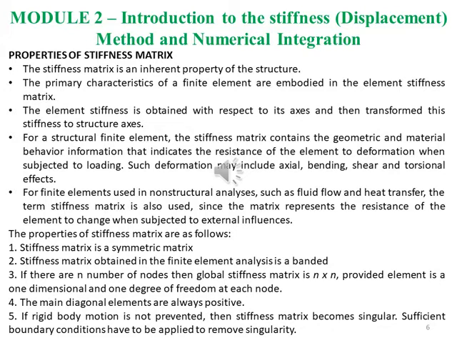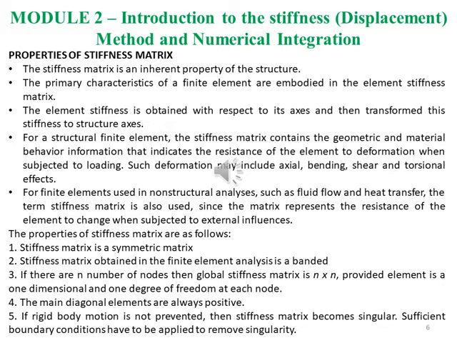The stiffness matrix obtained in finite element analysis is also a banded matrix. If there are n nodes, then the global stiffness matrix will be n by n. For example, if there are 3 nodes, then the global stiffness matrix will be 3 by 3. If there are 4 nodes, we will have a 4 by 4 matrix, provided the element is one dimensional and 1 degree of freedom is there at each node.